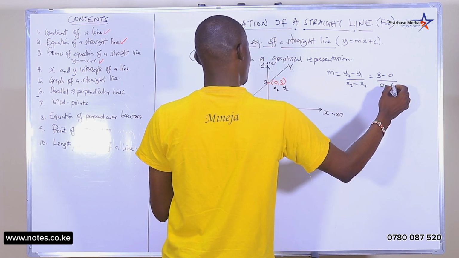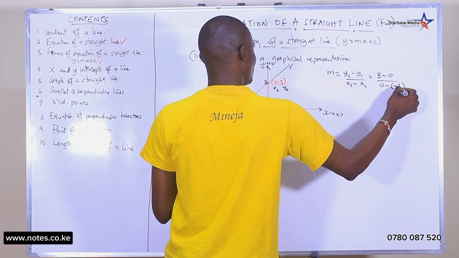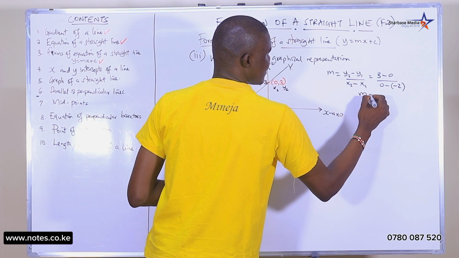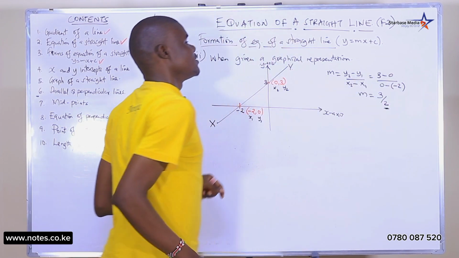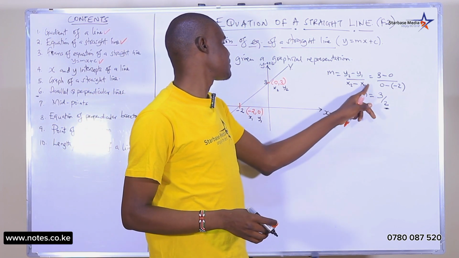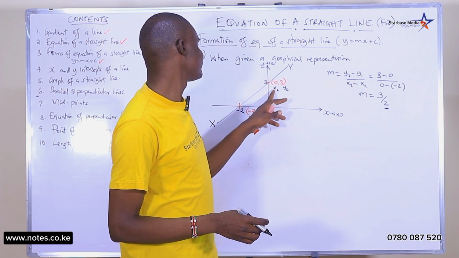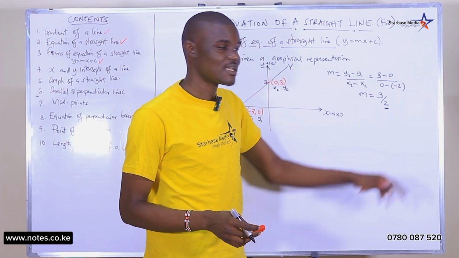I told you to be very keen with the signs. This is where most people, after their hard work, spoil everything. So you get different answers from the rest. So that is 3 over 2. That is the gradient. You can see that if you didn't place the sign well in x2 minus x1, you're going to get a different answer from the rest.